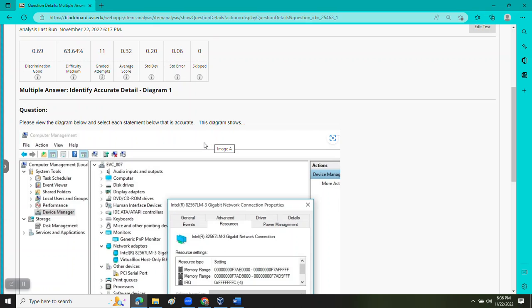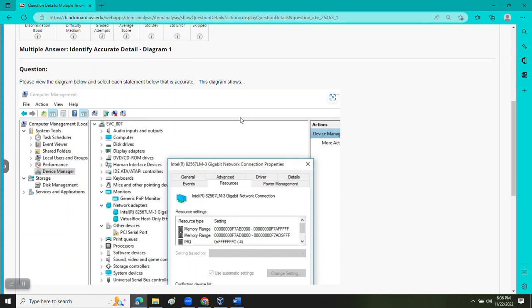So we have a diagram here that shows some detail, and in particular it shows the memory range for addresses in memory modules that are used to represent a virtual representation of a hardware component. That's what we're looking at right here.